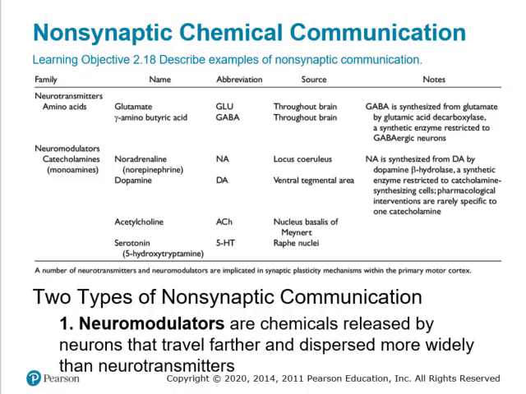So neuromodulators are chemicals released by a neuron. They travel farther and disperse wider than is the case with neurotransmitters. Based on this definition, steroid hormones would be categorized as neuromodulators, right? Because they're secreted, for instance, by the gonads, travel through the bloodstream, get into the brain as they wish, and affect lasting change in neural functioning.